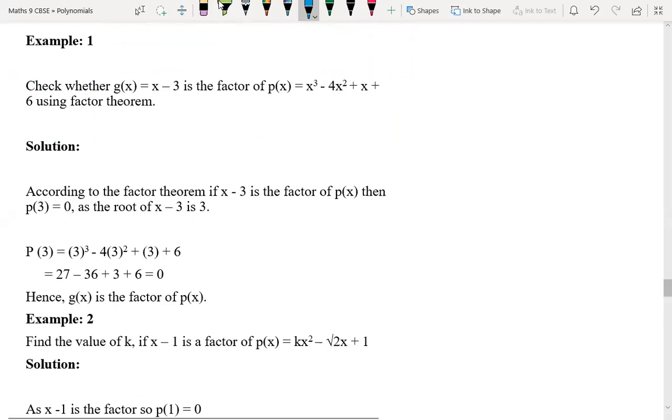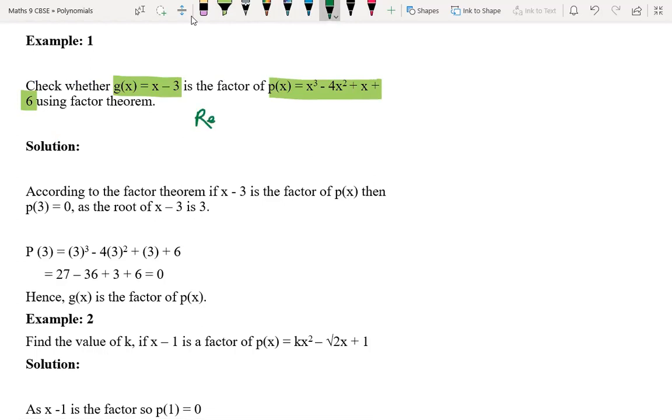See, now this example you take. Here the question, g(x) is equal to x minus 3, and this is a factor of this whole polynomial. Whether g(x) is a factor or not. So what you should get, you should get remainder equal to 0, right? So now you will take x minus 3 is equal to 0, right? Yeah, very good. x minus 3 is equal to 0, x is equal to 3 you put.